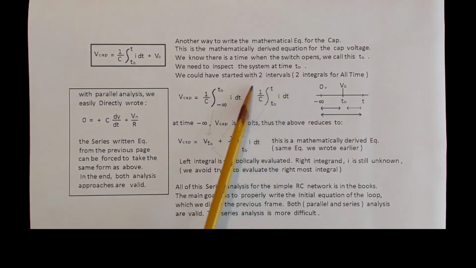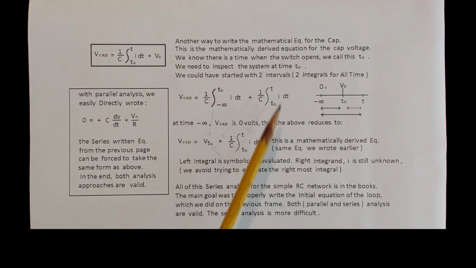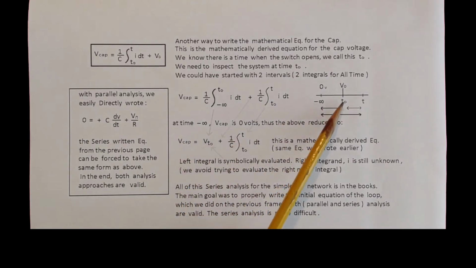This integral we can't evaluate at all. We don't know what I is. It's a function of time, but we don't know what it is yet. So once again, we have this voltage at time t0, the initial condition on the cap. And this voltage, of course, is easily synthesized as an independent voltage source that was shown on the previous frame.